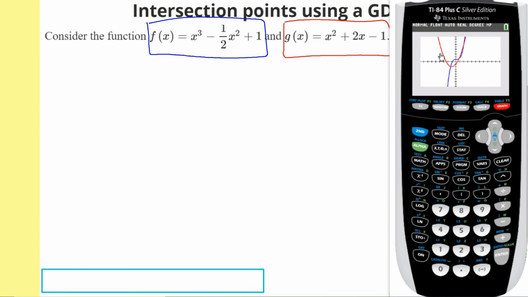So I'm going to eliminate this side and this bottom part, right? Kind of zoom in. So I want my y value to not be so low, and I want my x values to be further in. Let's do -5 to 5.